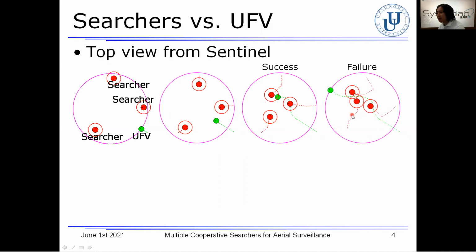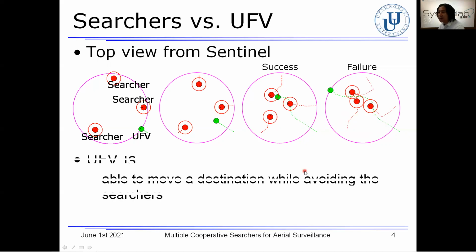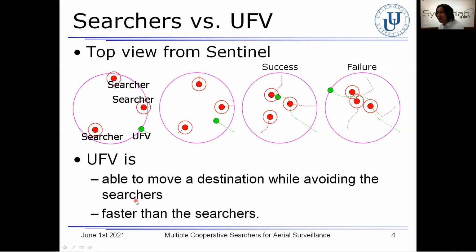On the other hand, the UFV reaches the destination without being detected by the searchers in this figure. In this case, the searchers fail in detecting the UFV. In this system, UFVs in the surveillance area are allowed to move toward the destinations while avoiding the searchers. In addition, the UFV is faster than the searchers.